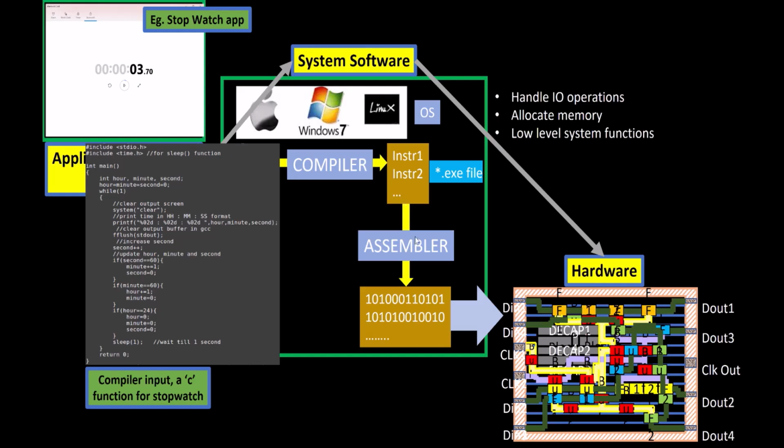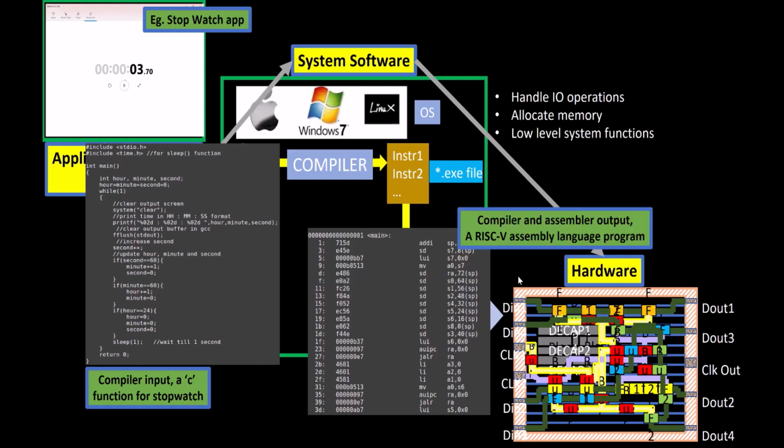If the hardware belonged to x86, the output instructions of the compiler would be in x86. But since the course is on RISC-V, let's stick to RISC-V hardware. Say this hardware was an implemented version of the RISC-V instruction set. Then the output of the compiler will be RISC-V instructions.